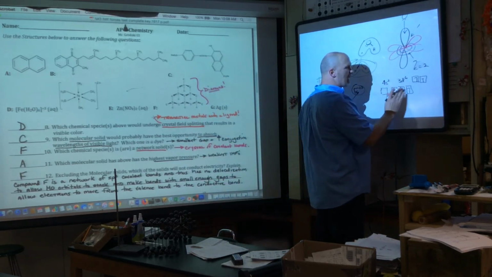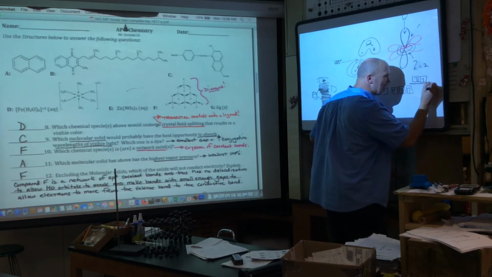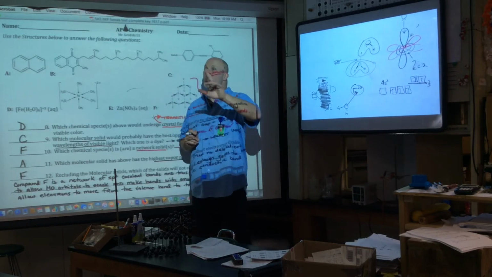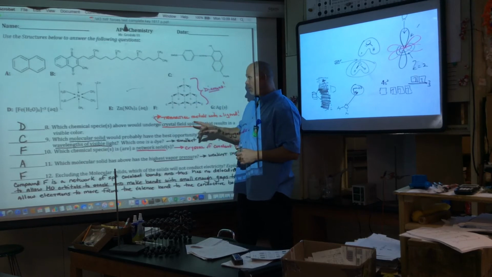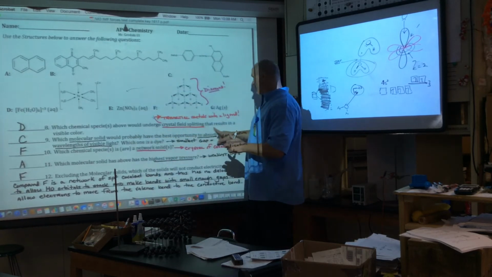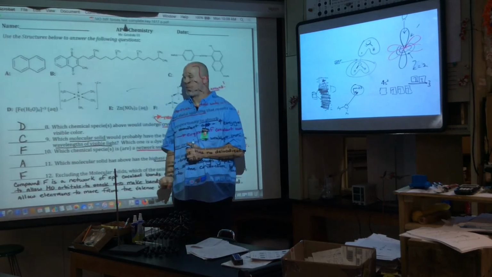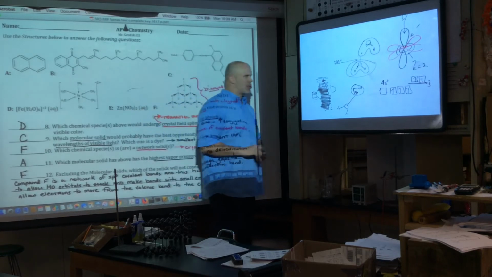So these guys are not as destabilized as much, and what we've created, party people, is a small gap that can what? Absorb wavelengths of light. Okay? So, crystal field splitting that results in a visible color. Booyah, right there. Gave that away by that diagram. Why not this guy? What does zinc have?